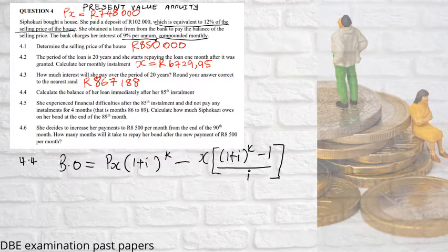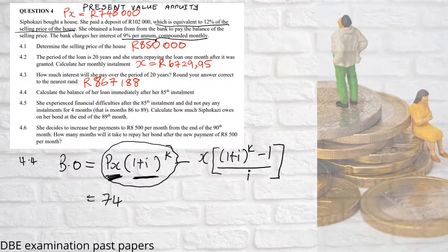To determine how much her balance outstanding is after making 85 payments, let's take the loan that she had and increase it over those 85 installments. How much would the loan grow to? You understand? For 85 installments, which is like 85 months, how much will her loan be? So we're going to calculate it.